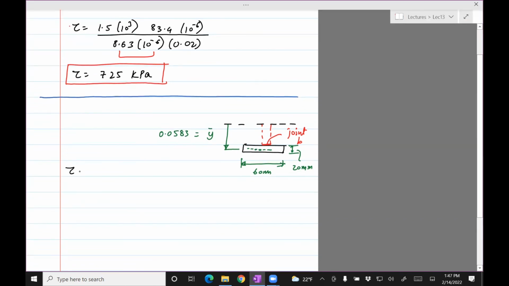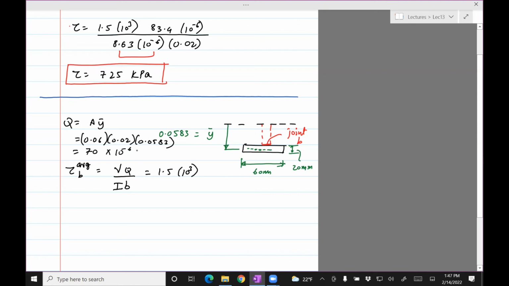So tau at B average is VQ over IB. V is 1.5, Q is A times Y bar, A is 0.06 times 0.02, times 0.0583, which comes out to be 70 times 10 raised to negative 6.